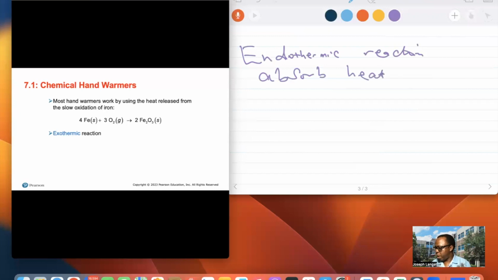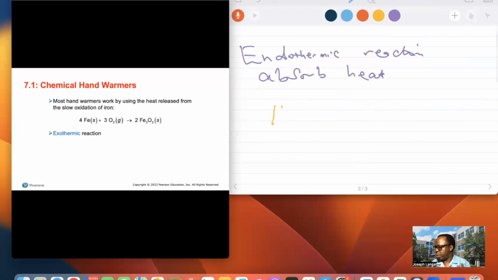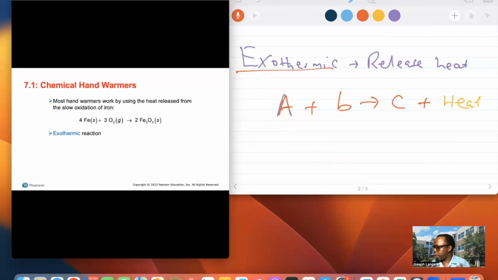So if this is the reactants A plus B going to C, for exothermic, we will have heat on the product side. For endothermic, it's going to be heat plus A plus B going to C. So heat is on the reactant side, whereas in exothermic, it is on the product side. That's the difference between exothermic and endothermic.